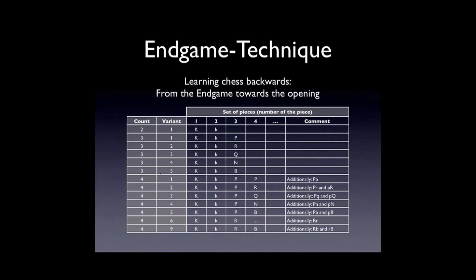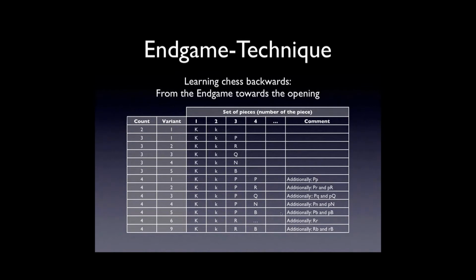Now we take a fourth piece on the board, for which we have a lot more variations. So just the first five we know, which is king, king, and pawn. But the fourth piece can be a pawn, a rook, a queen, a knight, and a bishop.